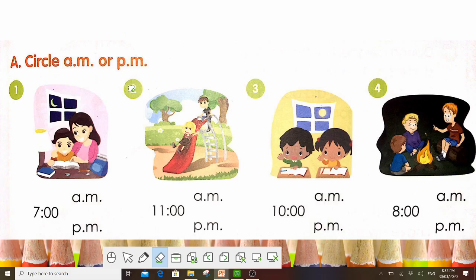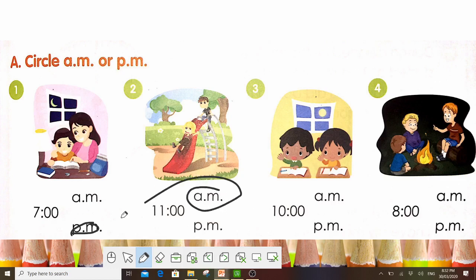Circle a.m. or p.m. Look, we have the moon. So p.m. 7 a.m. in the morning, at the daytime. 11 at the daytime.